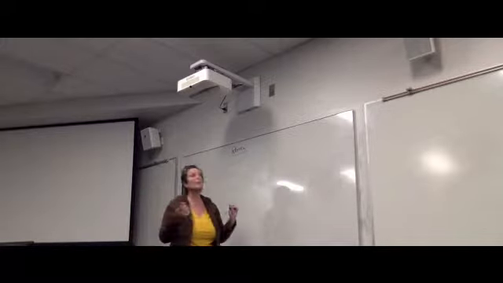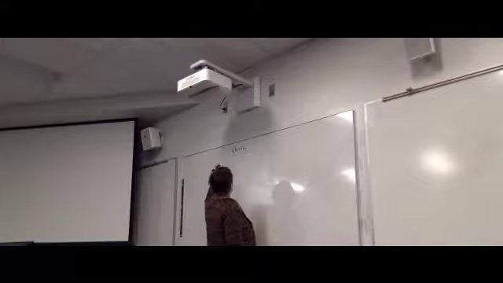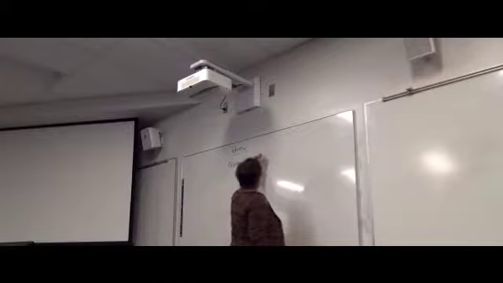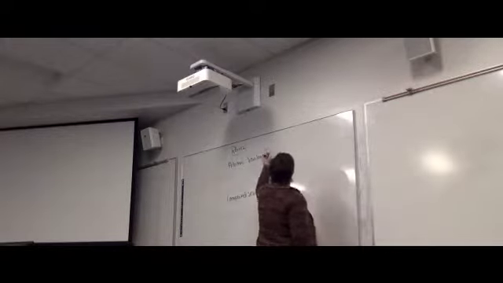Okay, so remember we talked about at the beginning of the semester this. We said that there are atomic sentences and there are compound sentences. And the atomic sentence is also a simple sentence.